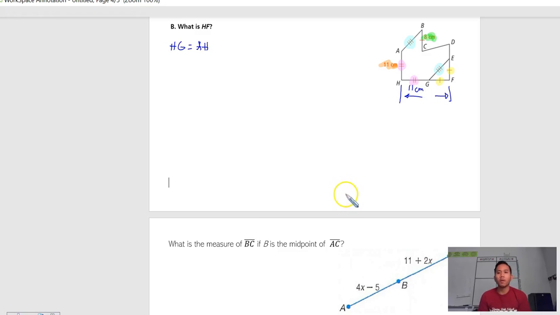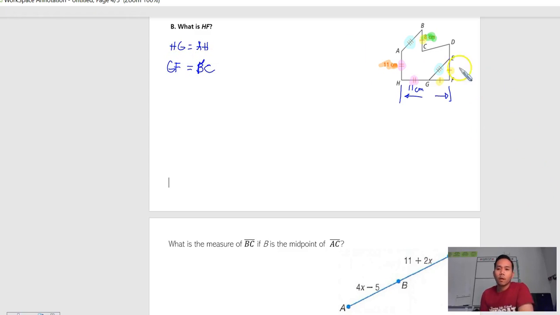As you can see on this part also, your 8 centimeters is also in yellow because they are congruent here. Therefore, this GF here is also congruent or equal to BC, so GF is equal to BC.